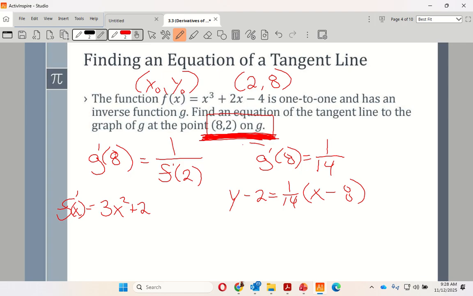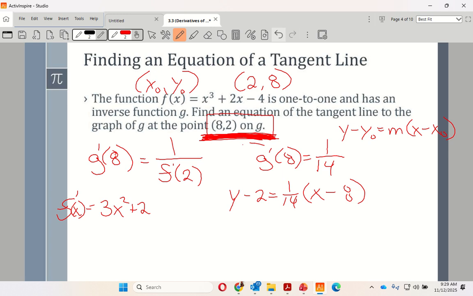Wait, how did you get that? Oh, because you're doing it in point slope. Yeah. Duh. So what are you trying to find?